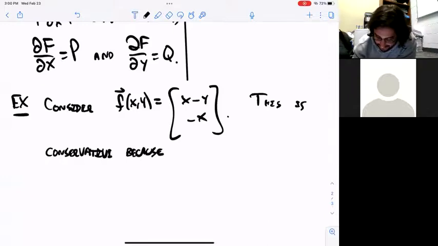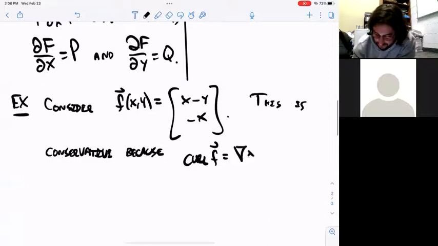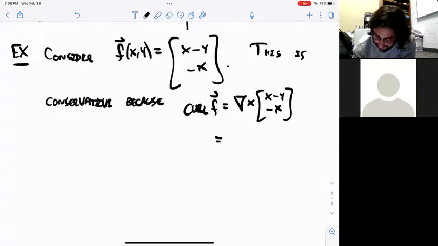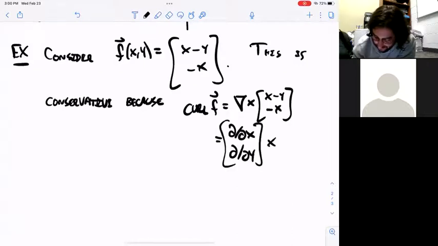what? The curl of F would be what? It would be gradient cross <x minus y, negative x>, which is <d/dx, d/dy> cross <x minus y, minus x>.